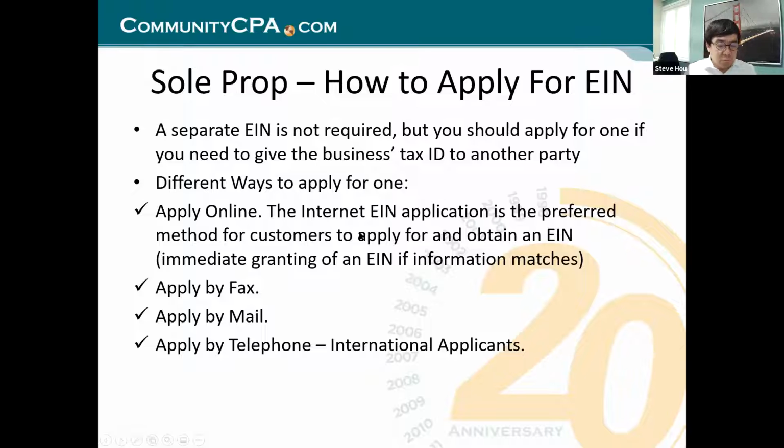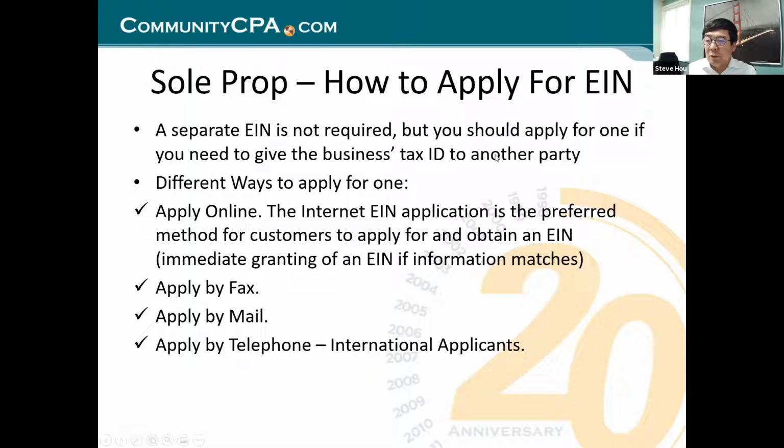All right, and then for a sole proprietorship, you do not have to apply for an employer identification number, an EIN, because a sole proprietor is yourself. You already have a tax ID, which is your Social Security number, so you are not required to have a separate EIN.